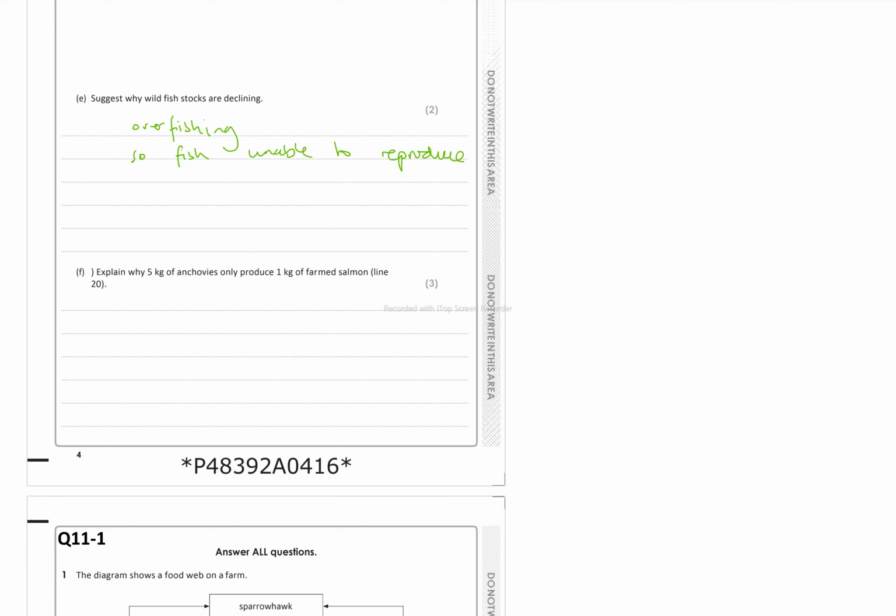There's also a high demand from humans. Are we happy with that?